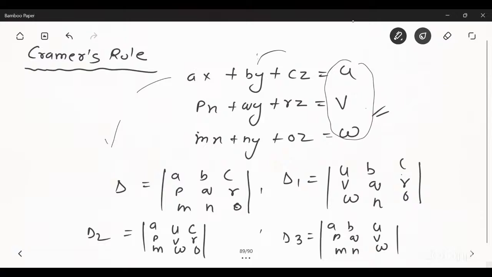Now delta 1 is put the RHS value in the first column, and delta 2 means put the RHS value in the second column. Rest all the elements are same. And delta 3 means put this value in the third column, and rest all the values are same.